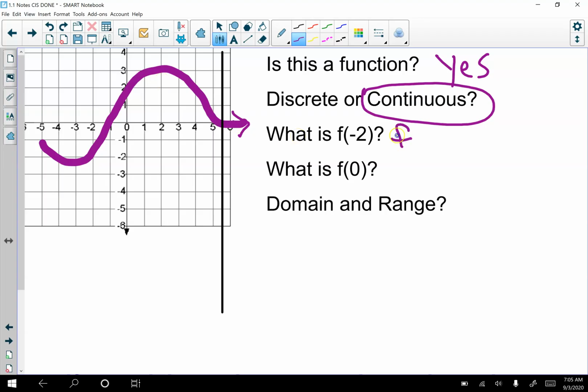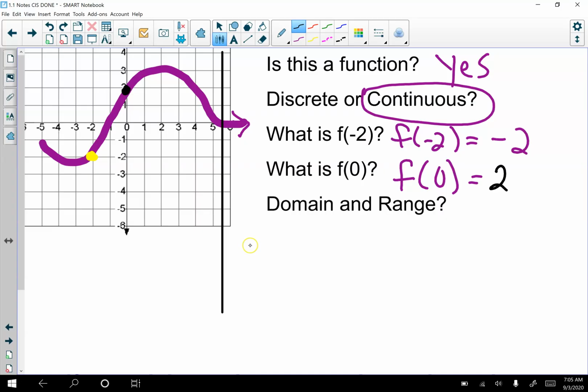And then I'm going to find f of -2. So at -2, where is this at? And I would say it's at -2. When the input is 0 or the x is 0, I would say it's at a +2.